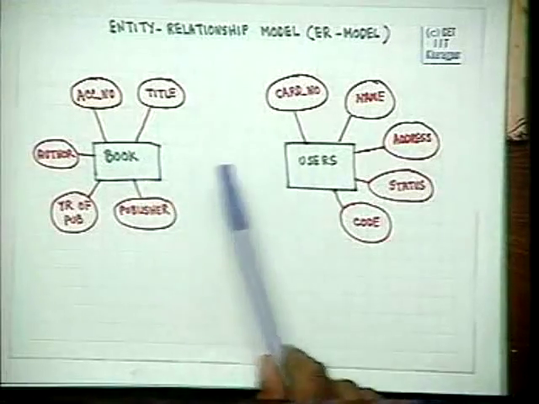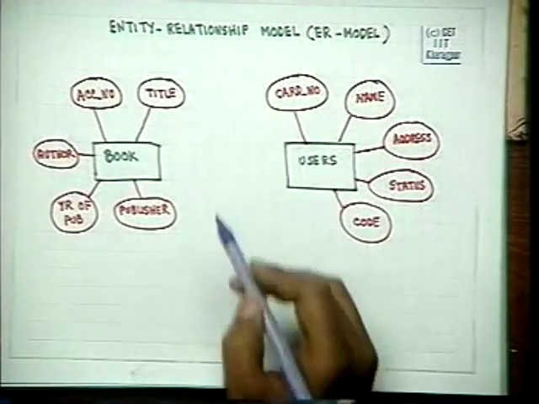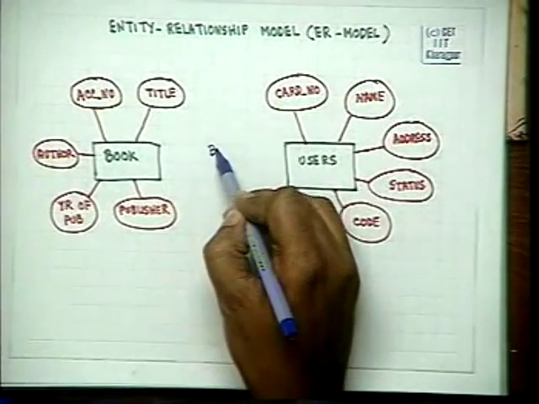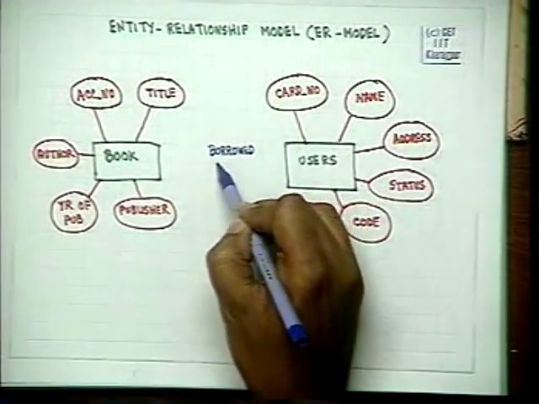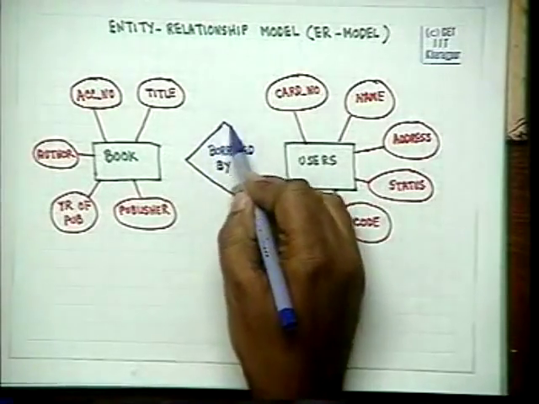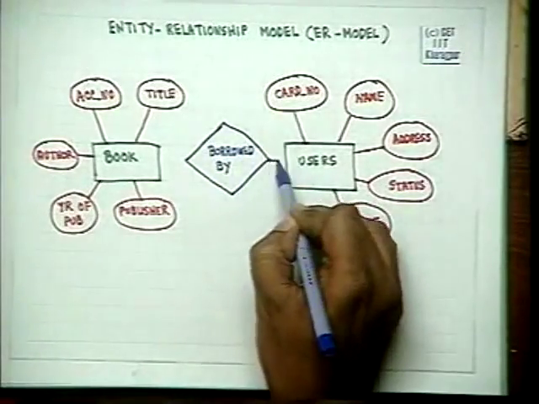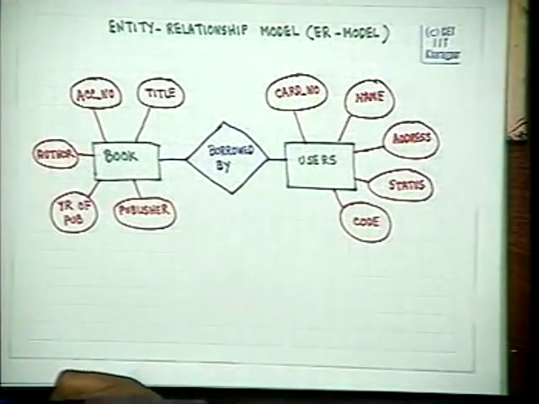Other than entities, you have what are called relations. These relations are the interrelationship between entities, expressed as relations. And one of the most common relationships between books and users is the borrowed by relationship.